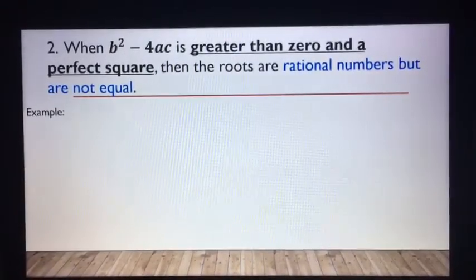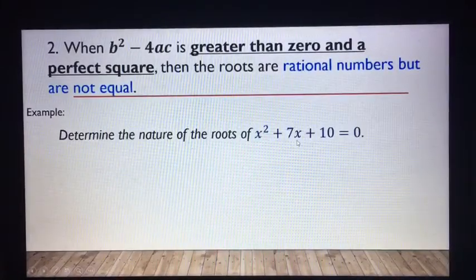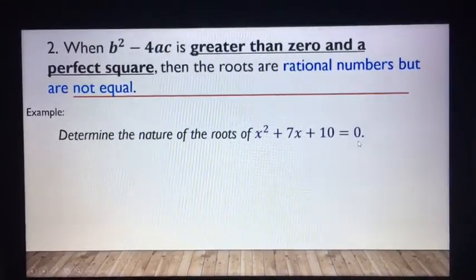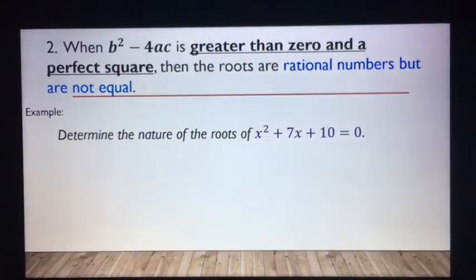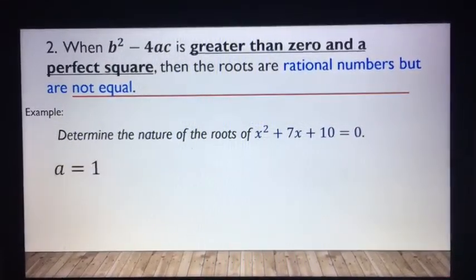So, halimbawa, determine the nature of the roots of x squared plus 7x plus 10 equals 0. Identify, syempre ulit natin yung value ng a, b, and c. A is 1. Dito po yun galing sa quadratic term.